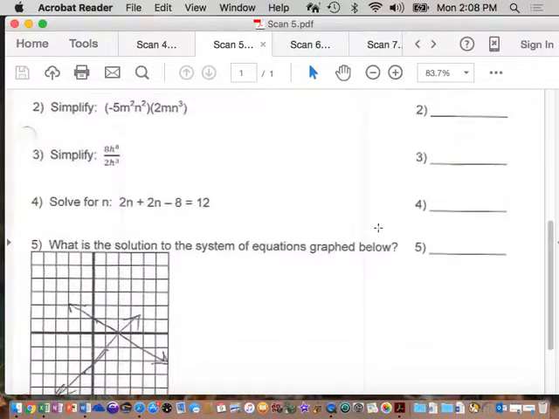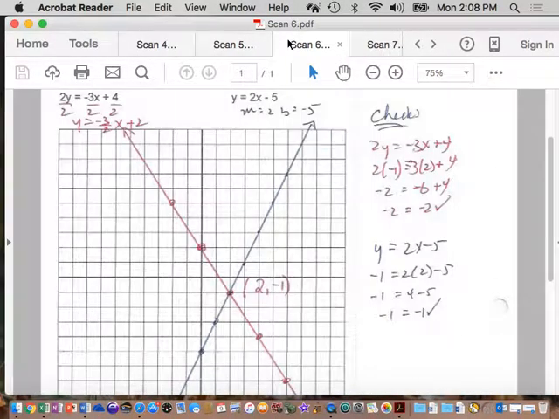Now we go to section 3. Section 2 of the second part of the test, which was the graph. And there is the correct graph done.